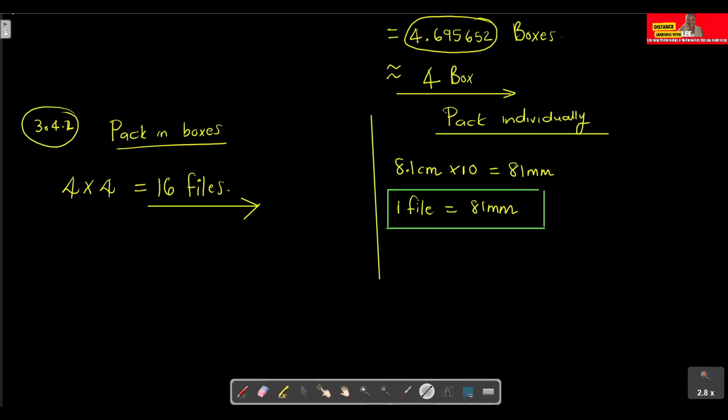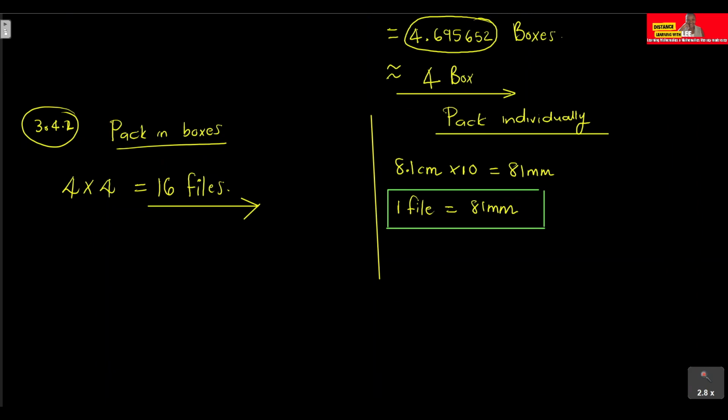Okay, so we're still going to take the length of our bookshelf of 1620 millimeters, and then we are going to multiply by what you want and divide by what you have.